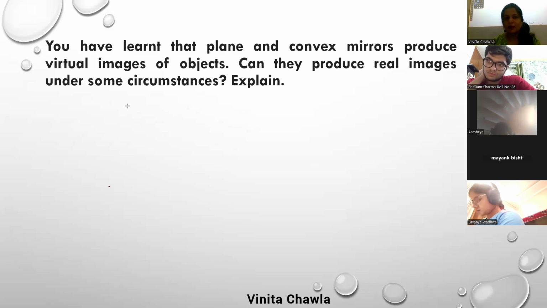If the object is virtual, then something will happen. If the object is virtual, then we can get a real image. And how will you get the virtual object? From parallel mirrors.